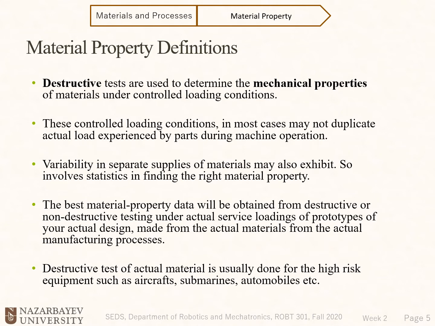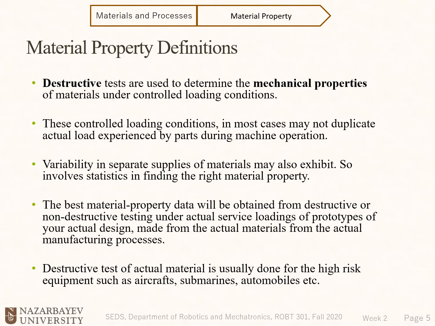But if we want to categorize them into two main branches, we have destructive and non-destructive tests. Destructive tests are used to determine the mechanical properties of materials under controlled loading conditions.